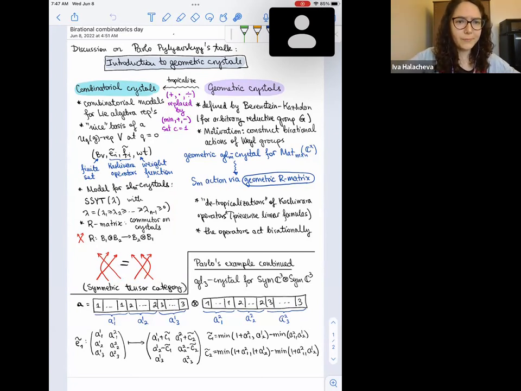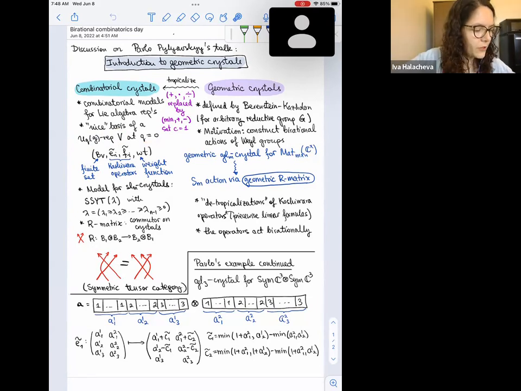More explicitly, if you have a Lie algebra, which I denote curly G here, and consider its quantum group with a quantum parameter Q, then if you look at a representation, a vector space with an action of this quantum group, a crystal can be thought of as a nice basis for this representation at the setting where the quantum parameter is 0.